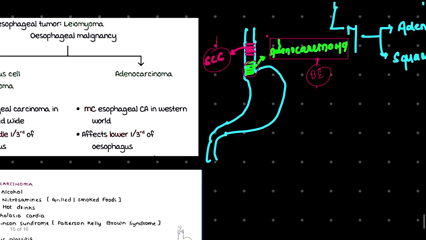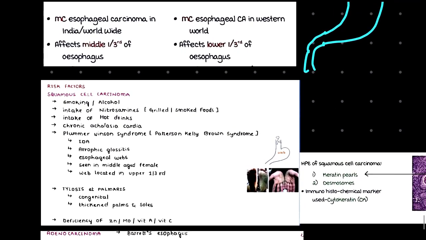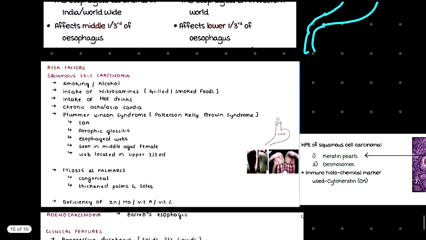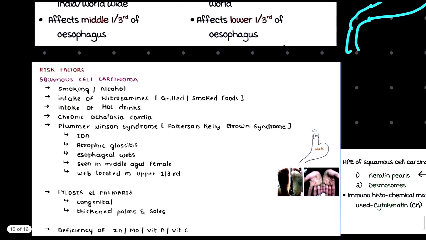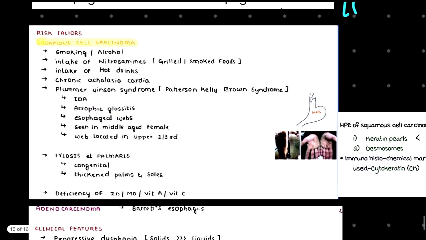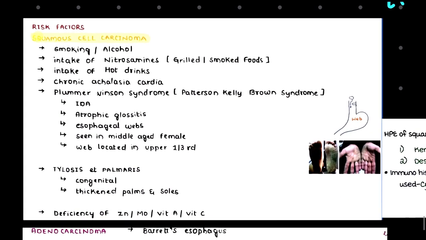Other points about these things, I'd like to take you toward the specific topic of squamous cell carcinoma. Talking specifically about squamous cell carcinoma and its risk factors, the thing that we need to keep in our mind is that the main risk factors are smoking and alcohol, right?